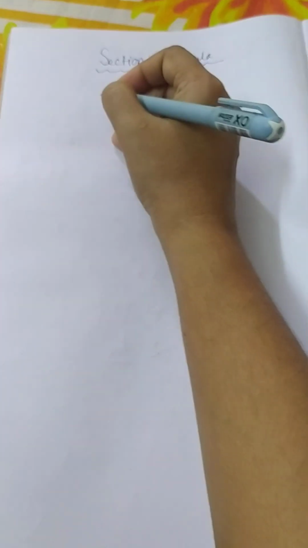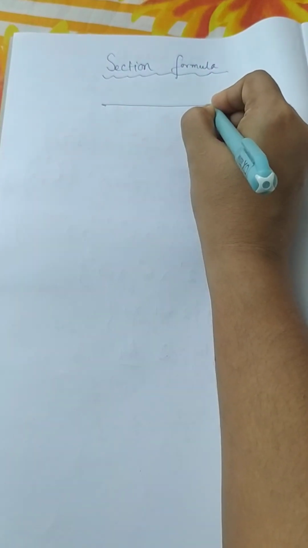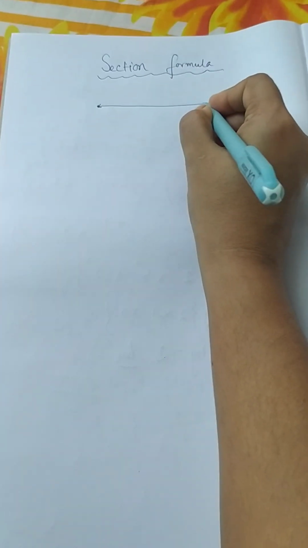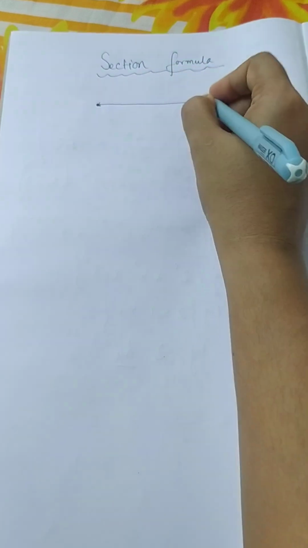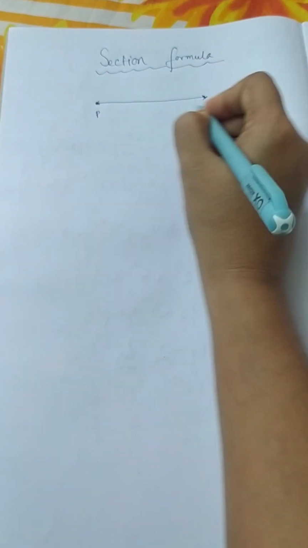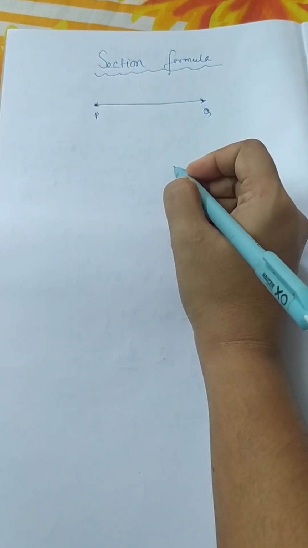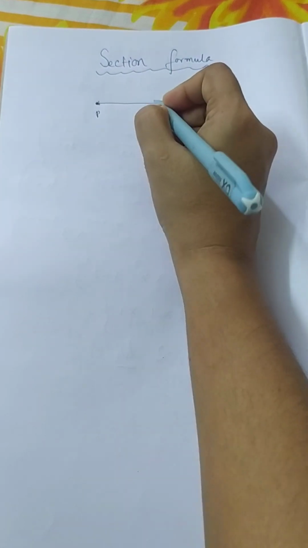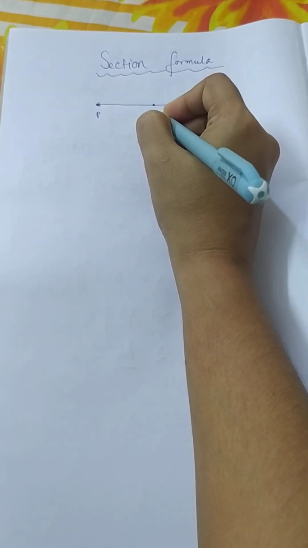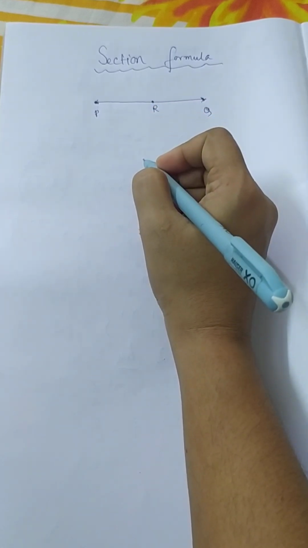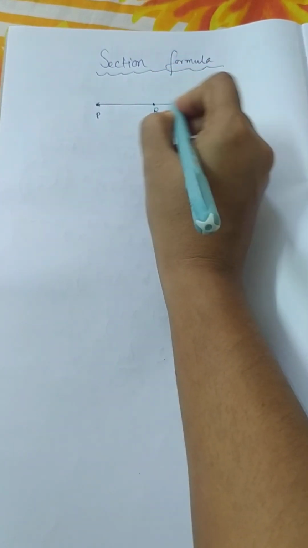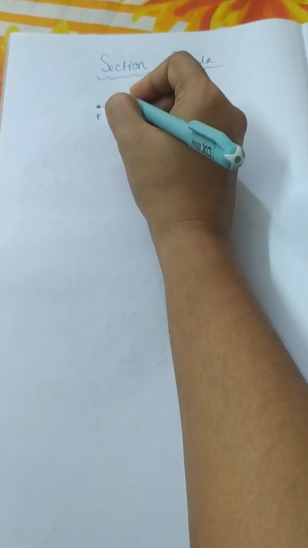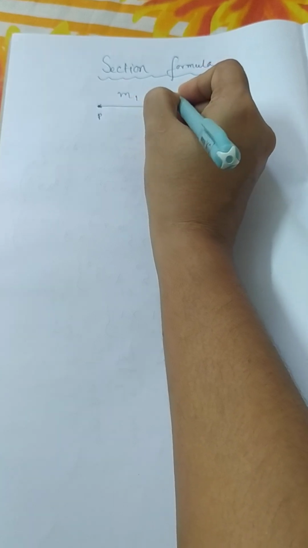That means if I draw a line or line segment, that is P and Q, right, and it divides at the point R, and the ratio of these two parts, that means PR and RQ, is M1 is to M2.